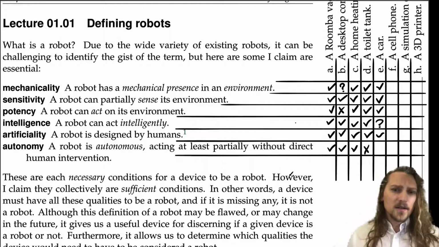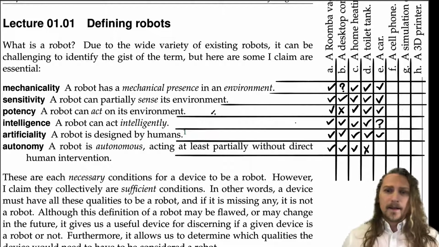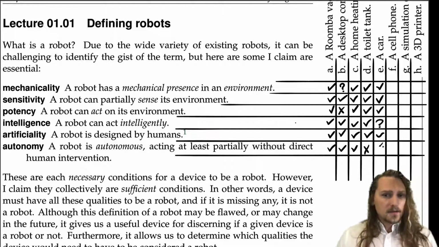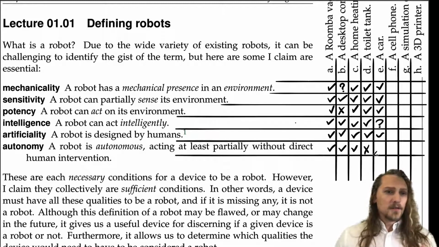And autonomy. So this is the without direct human intervention question. Self-driving cars are going to check this. Non-self-driving cars, probably not. There are aspects, though, of a car with cruise control, for instance, that do act autonomously. It will increase the acceleration when the speed drops too low.